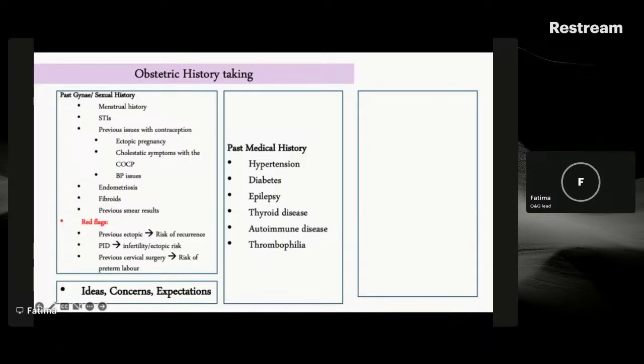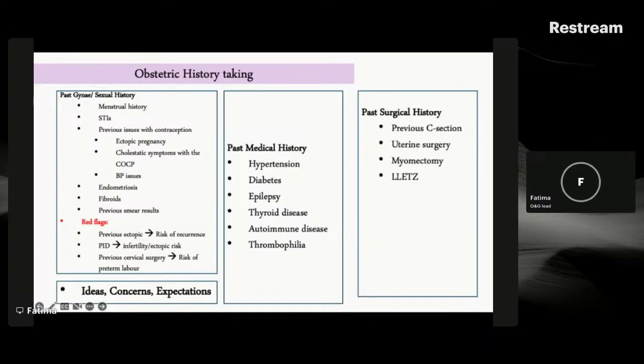In terms of epilepsy, what kind of medications is she on? Because if she's pregnant, she can't be on particular kinds of epileptic medications like sodium valproate. And you have to keep monitoring because pregnancy can predispose to seizures in epilepsy. Thyroid disease as well, because you need to change the dosing of her levothyroxine, for example, autoimmune diseases, and thrombophilia as well, as we mentioned.